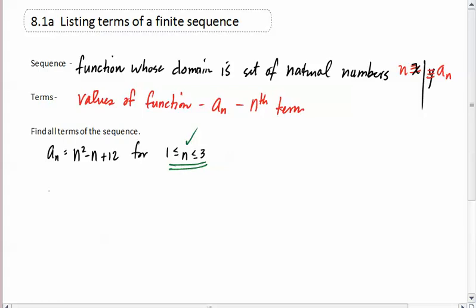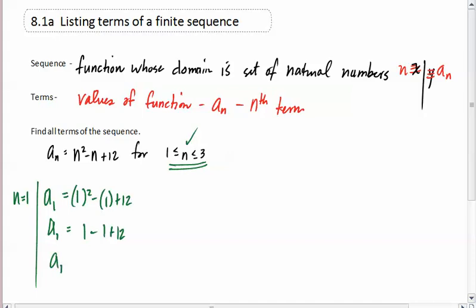So a sub 1: everywhere I see an n, I'm going to put 1. In other words, n is 1. A sub 1 is 1 squared minus 1 plus 12. A sub 1 is 1 minus 1 plus 12. And a sub 1 is 12.